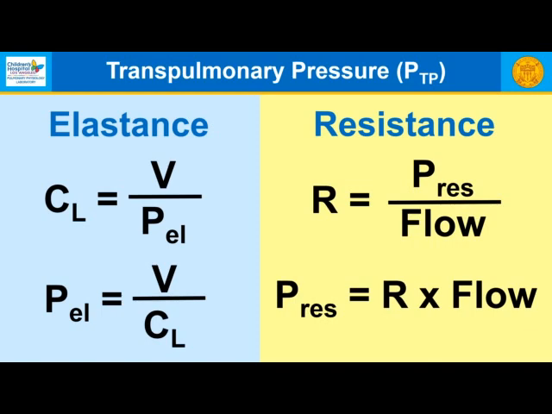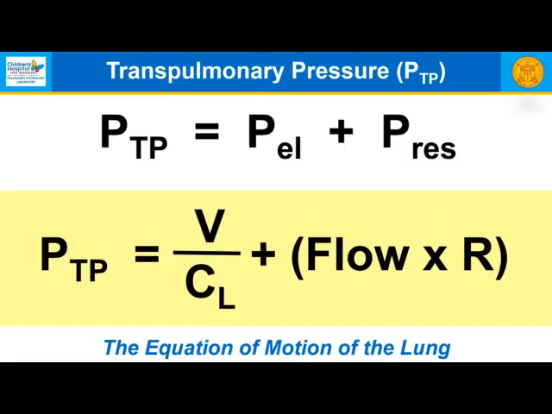So we can recombine here that pressure to overcome resistance equals resistance times flow. And so the elastic component is here, the resistance component is here. This is called the equation of motion of the lung. And it says that transpulmonary pressure equals volume divided by compliance plus flow times resistance.